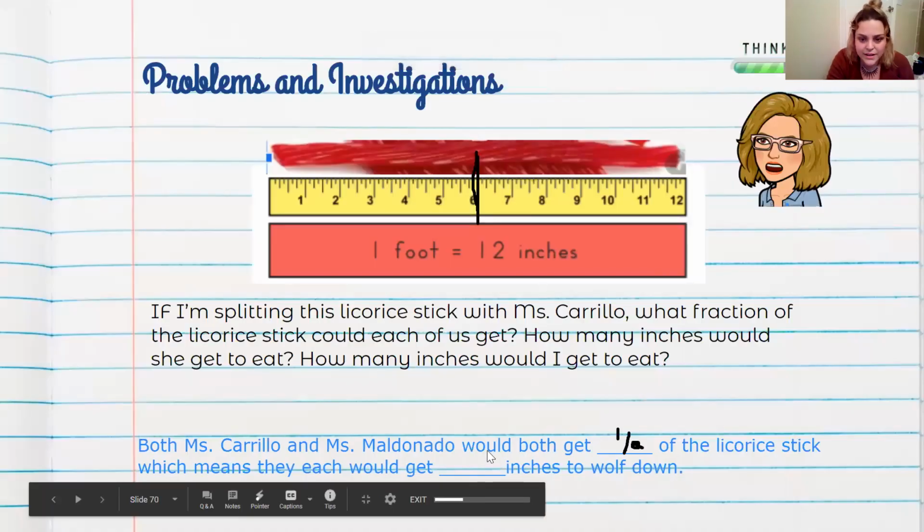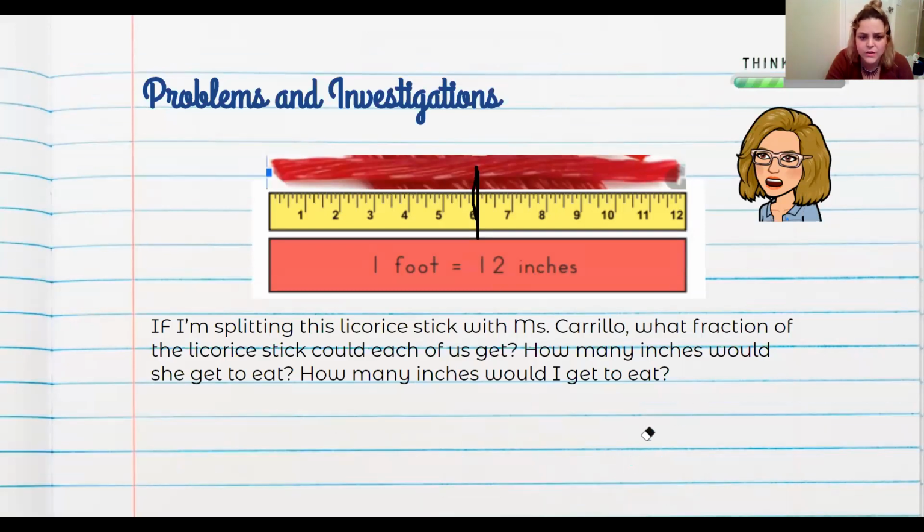So both Miss Carrillo and Miss Maldonado would get half, right? Would both get half of the licorice stick. And let me just make this a little bit better so you can see it. I'm gonna just write it again.